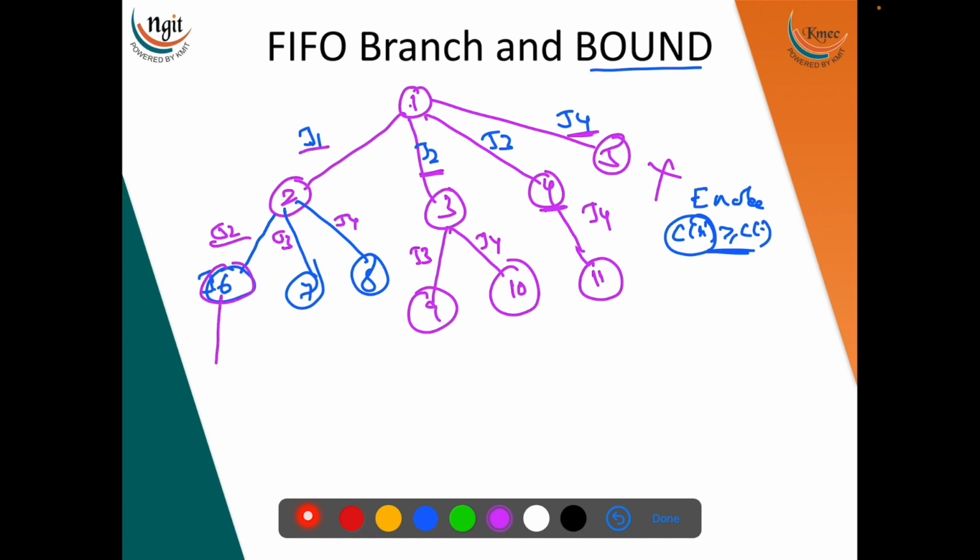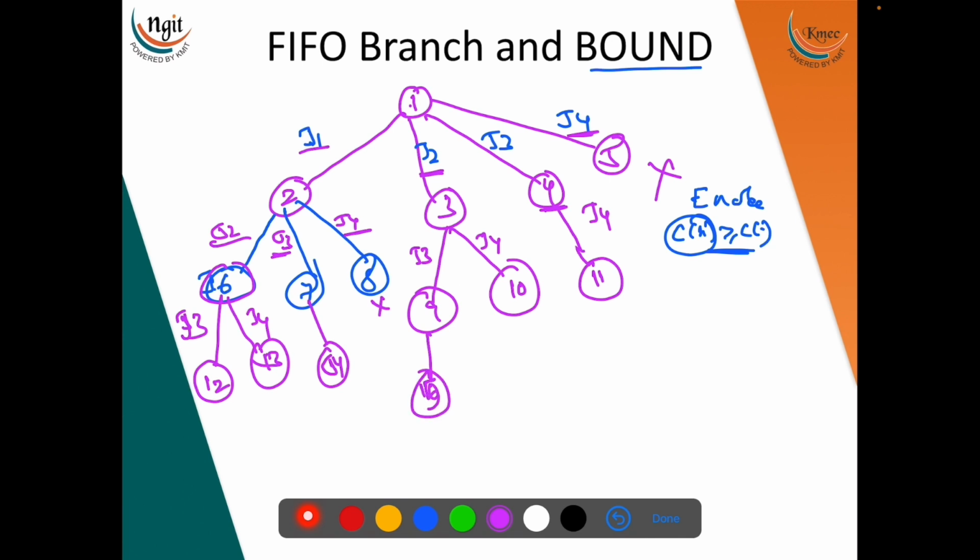Still you have a chance of placing jobs. So it is J3, and the other choice is J4. Already it is J3, so you have only one choice of taking the job, which is J4. Already it is J4, so I'm not going to explore the node. So it is J3, and I can also have some J4.